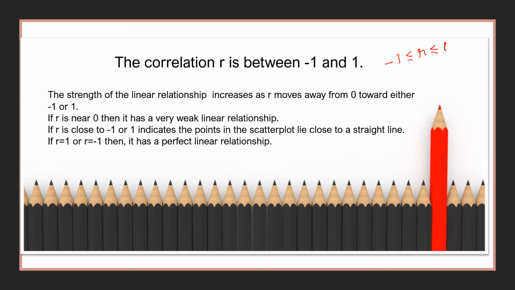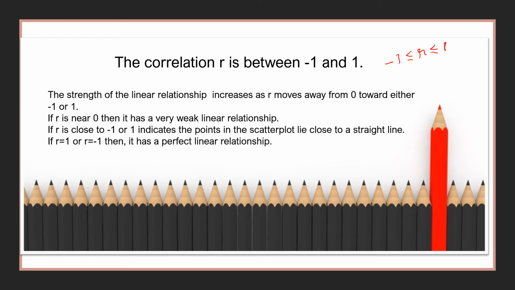The strength of the relationship increases as R moves away from 0 towards either +1 or -1. So if it is closer to -1 or +1, then the strength increases. If R is near 0, then it has a very weak relationship.